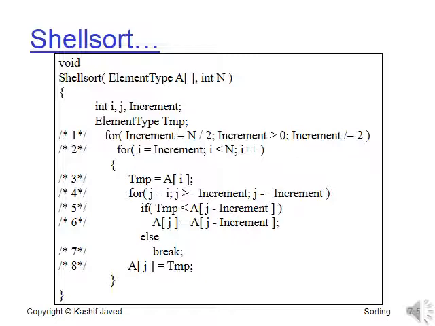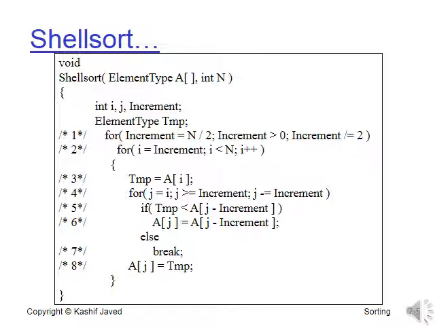Since you will be swapping the elements, you assign the element from array a index i to temp. Next, you have the inner for loop where variable j of type integer is initialized to i; j is greater than or equal to increment; the for loop iterates with j being decremented as j equals j minus increment.